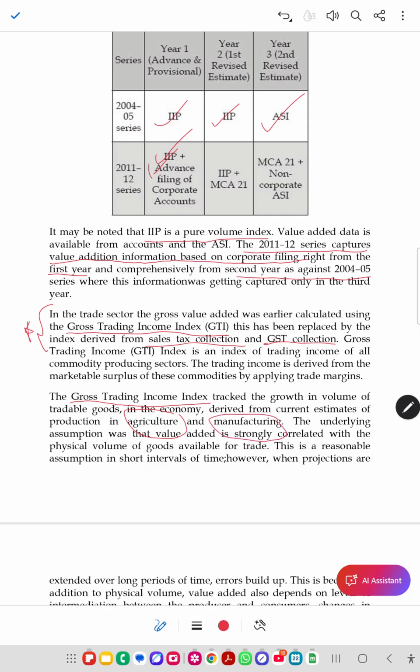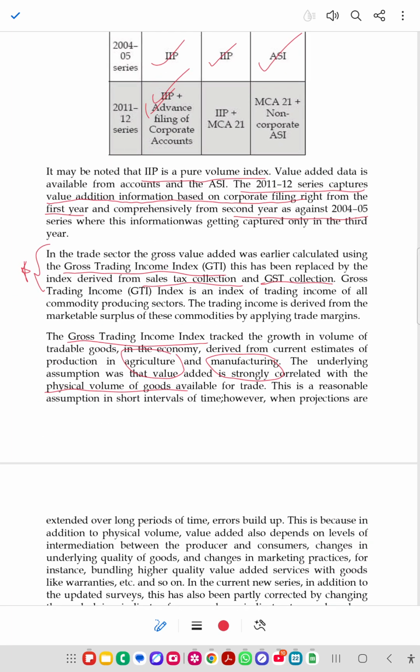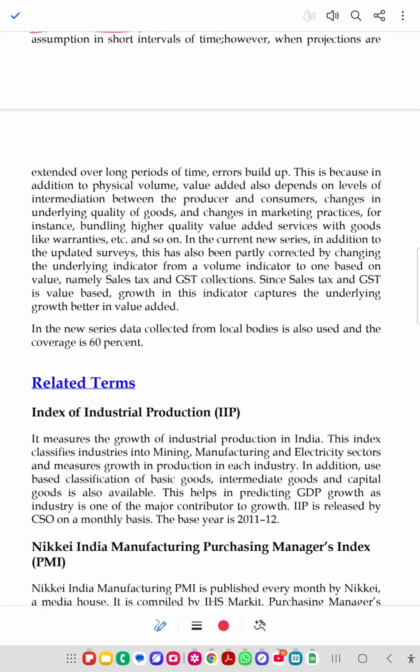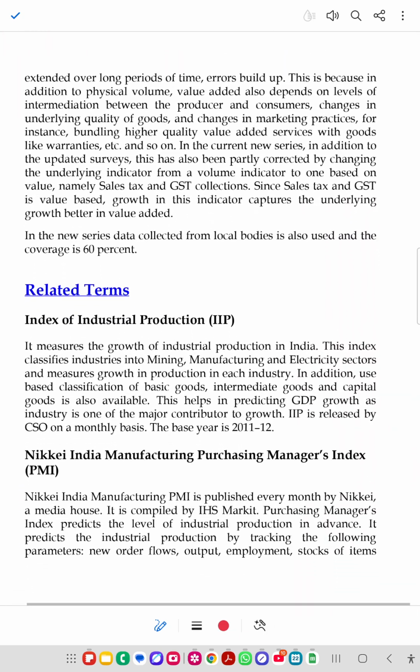The underlying assumption was that value added is strongly correlated with the physical volume of goods available for trade. This is a reasonable assumption in a short interval of time. However, when projections are extended over a long period of time, the error builds up.